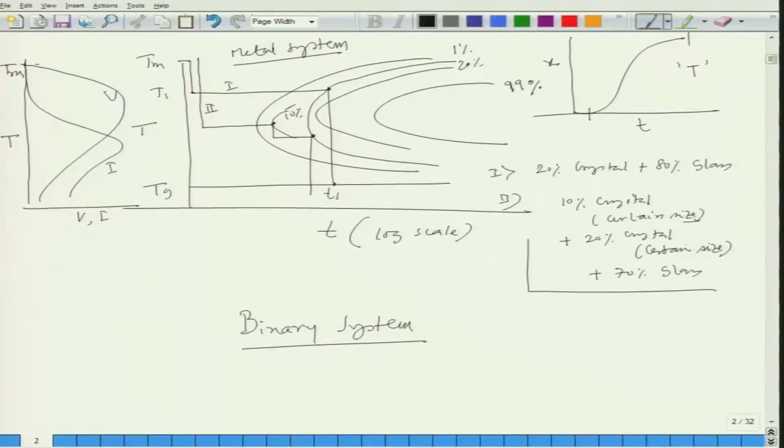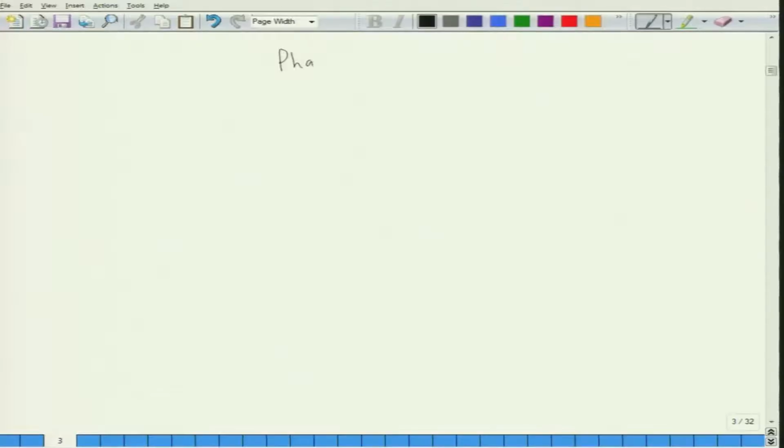And when we try to see how the binary phases evolve, we have to get into one fundamental aspect, which is phase diagram. Now, let us concentrate on phase diagram because we will be concentrating more on the alloy systems and that too binary systems.